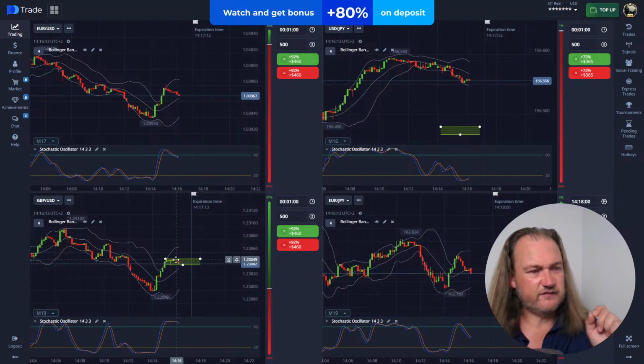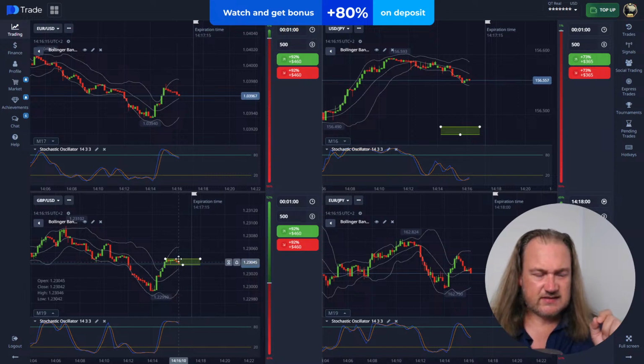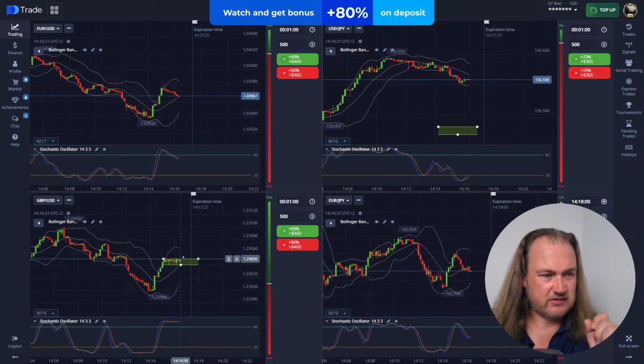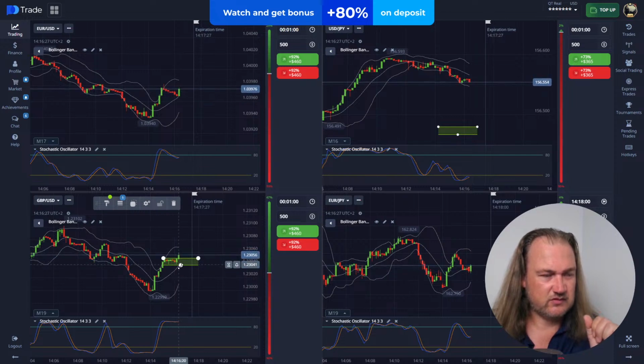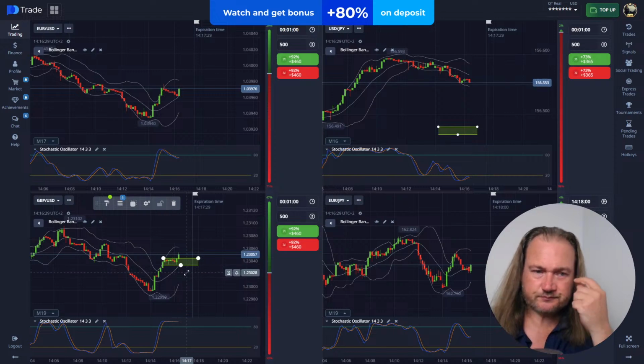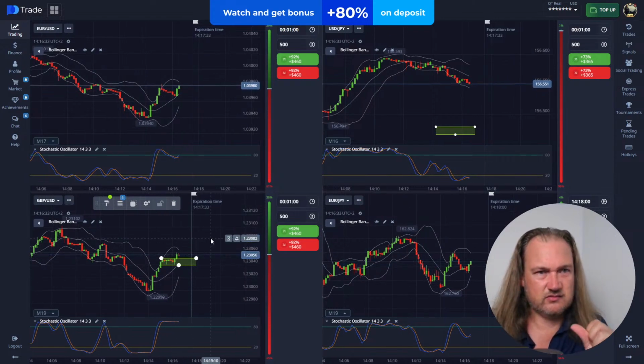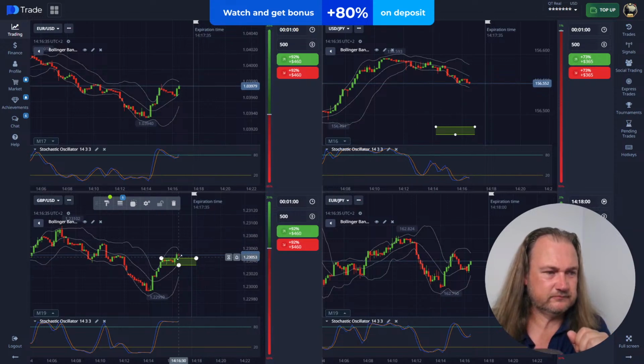Okay, so we're going to see if the pound dollar stays in this range for now. I hope it does. It would be really nice to get a live example of this setup, but looks like it's not for us today.